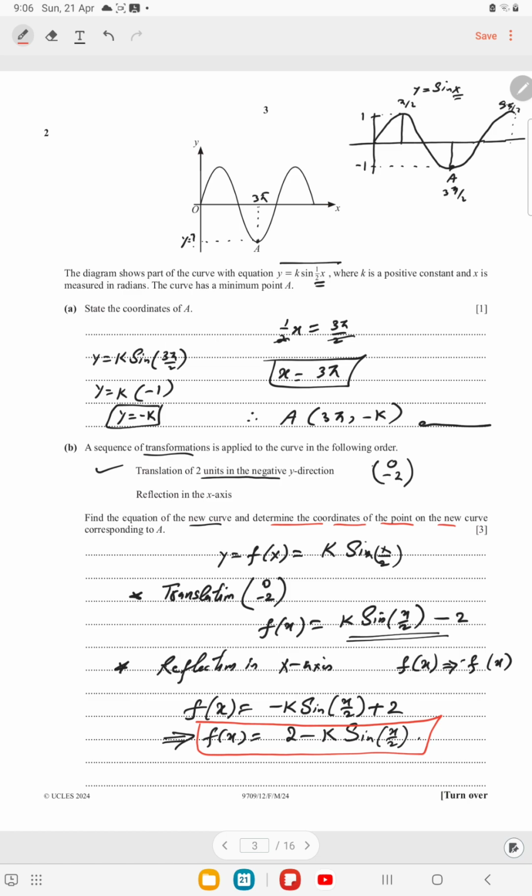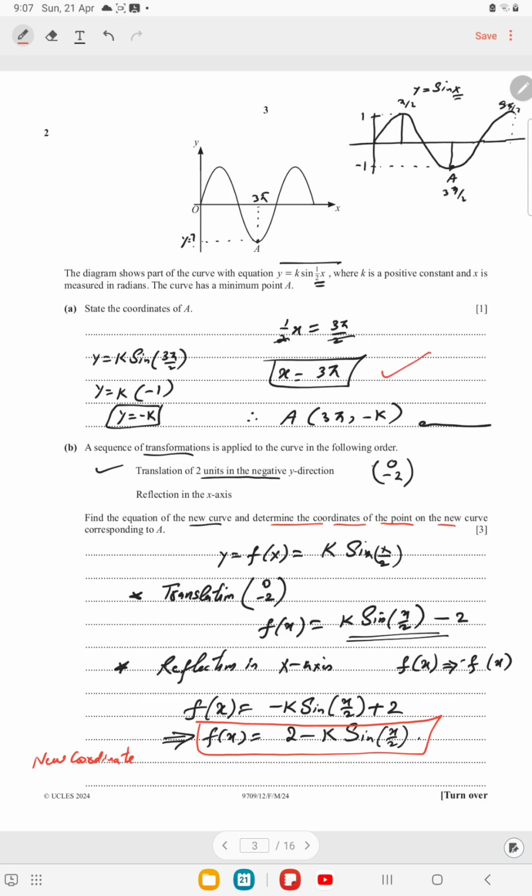And determine the coordinates of the point on the new curve corresponding to A. So we have to find the point on the new curve corresponding to A. Because it will be translated with this translation and reflection, the new coordinates will be placed. What was x? We already have got it in the first part.